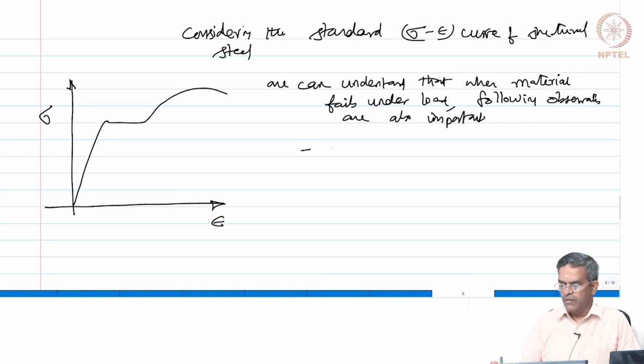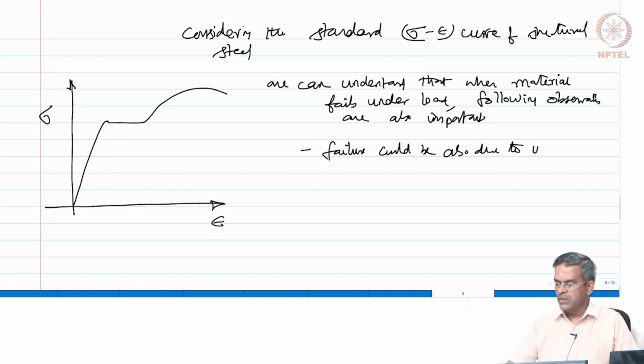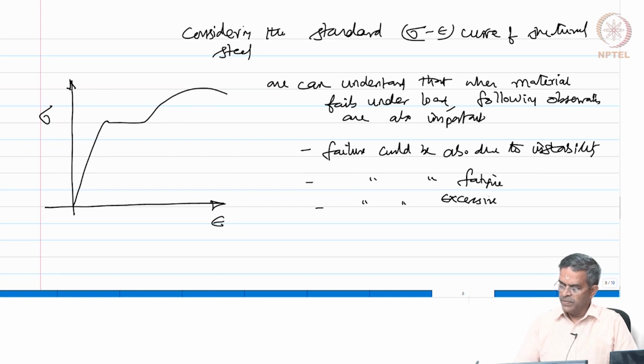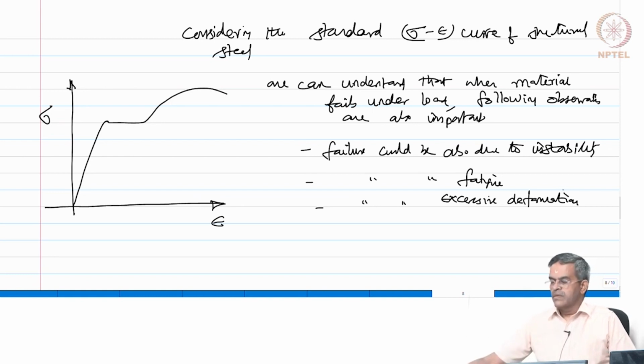Which are, the failure could also be due to instability, can also be due to fatigue, or it can be due to excessive deformation. So, if any of these above factors does not initiate the failure, then the member can carry more load beyond the elastic limit, isn't it?